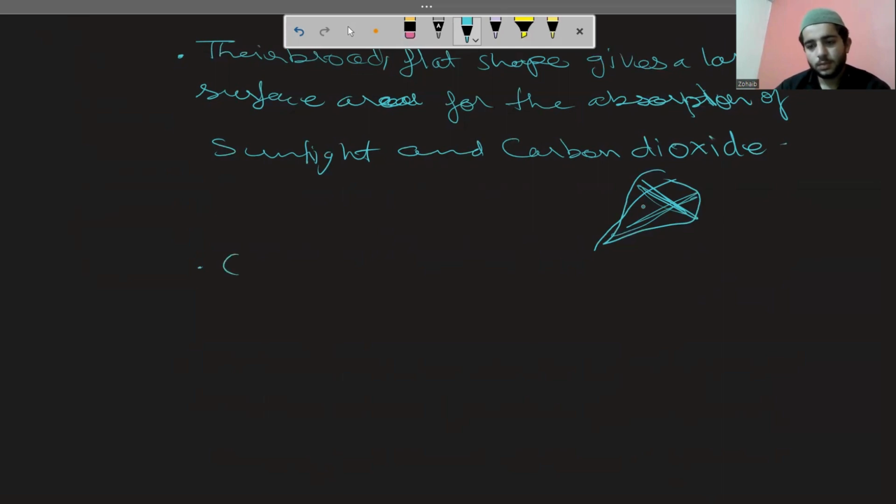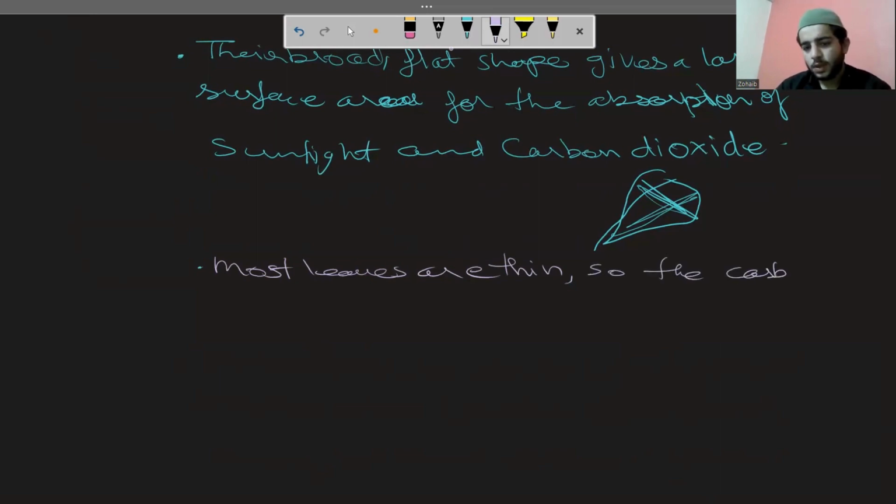Let me write this point. Most leaves are thin. I hope you are also noting these points in your notebooks.